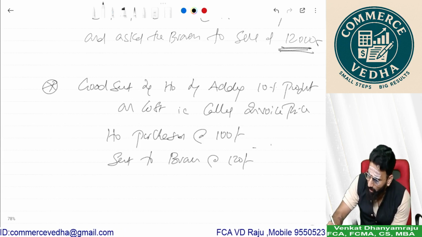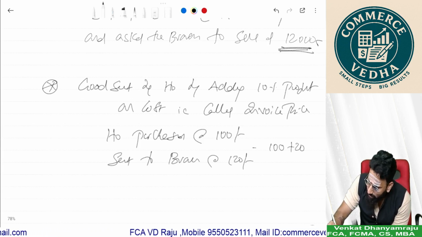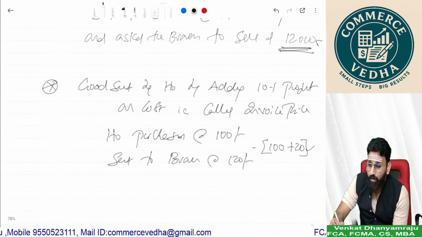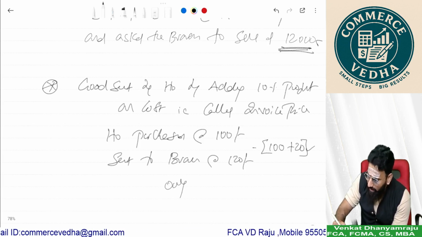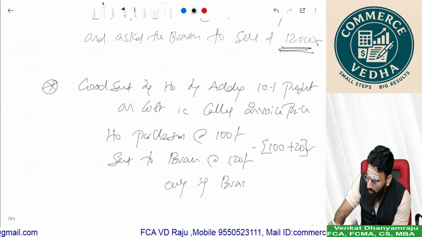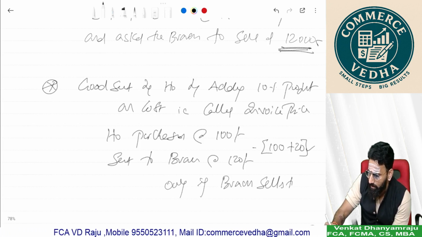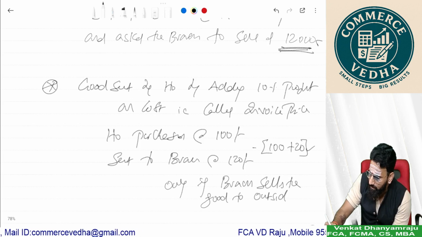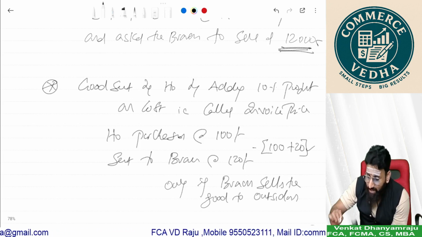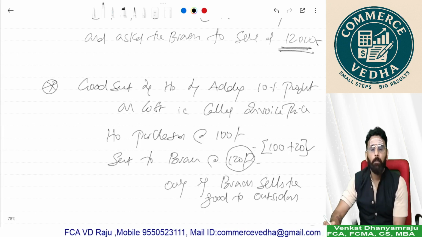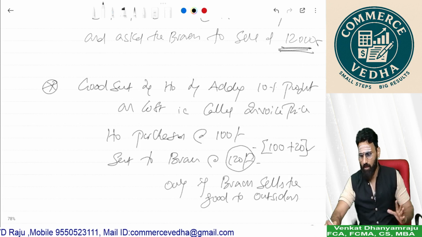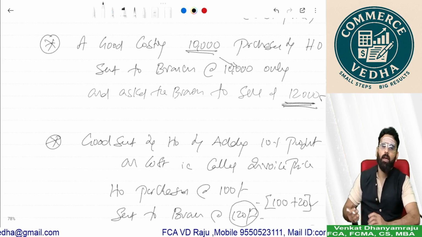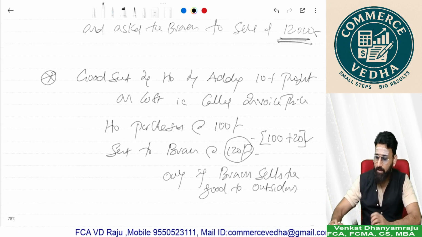So here head office added 20 rupees internal margin while sending it to the branch, but this profit will be realized only if the branch sells the goods to outsiders. Until that time this is actually a margin, a reserve. So how do we account when the goods are sent at cost price only, and how do we account when the goods are sent at invoice price?